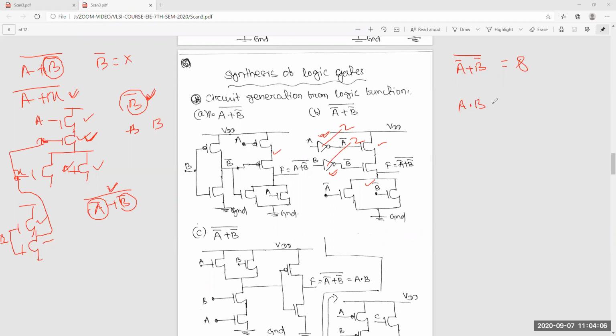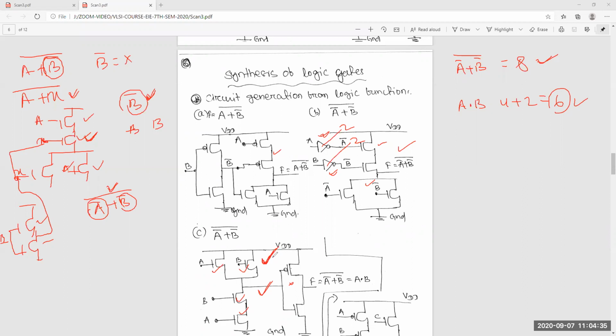Now if you implement this, you can see it: 4 plus 2, so here 6 transistors. Then which circuit will you go for, this one or this one? A dot b, because in this circuit you are getting less area.